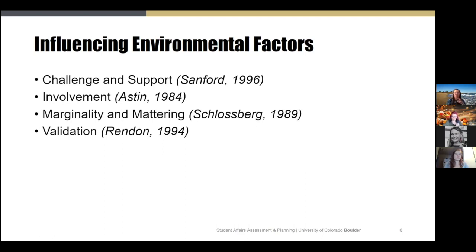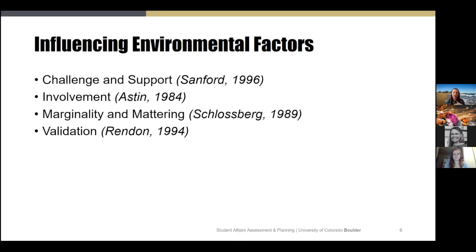And the last one that I think is honestly probably the most prevalent to community colleges in general, but any college that really serves a large non-traditional student population, is Rendón's validation theory. And in Rendón's research, it was discovered that non-traditional students required more external validation of their academic skill sets than traditional students in order to become involved on campus, in order to enhance their self-esteem, and in order to believe that they have something to contribute to the academic community.